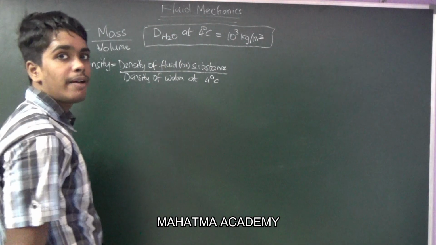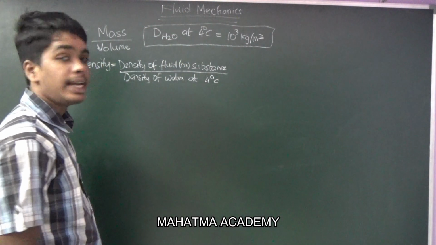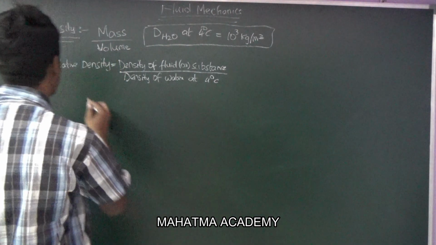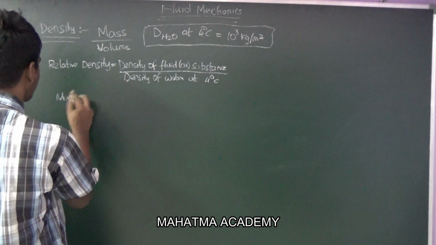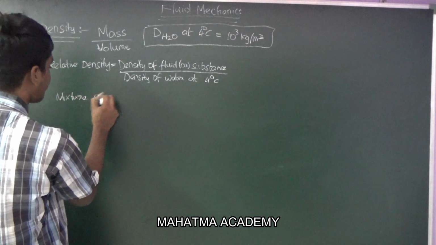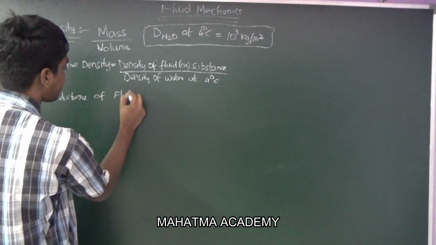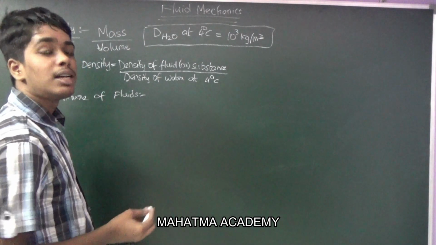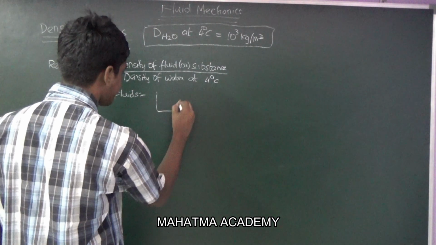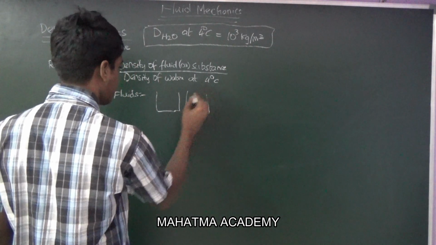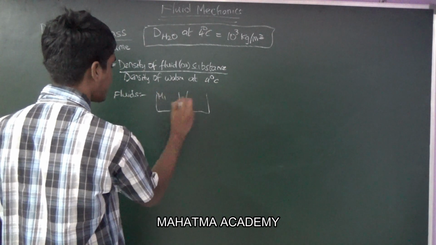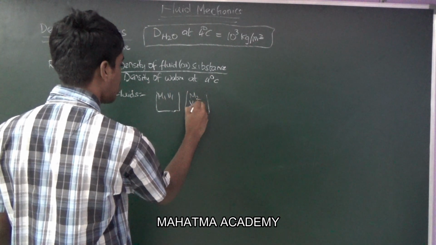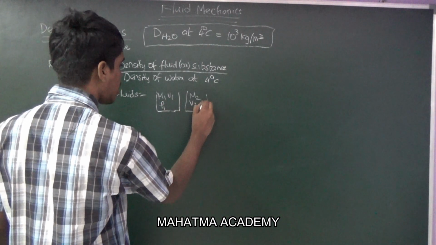Okay students, now we are going to discuss the mixture of liquids or fluids. Now we have two cases in this. Suppose we have masses M1, M2 having volumes V1, V2 and the densities ρ1 and ρ2.